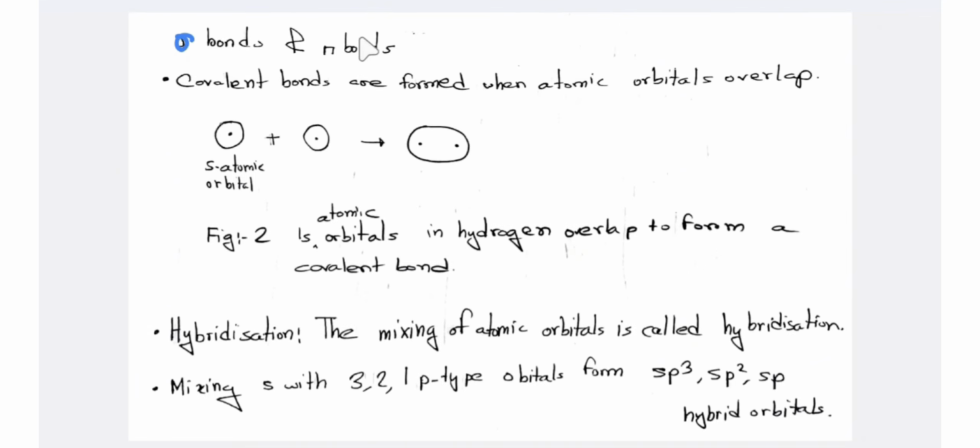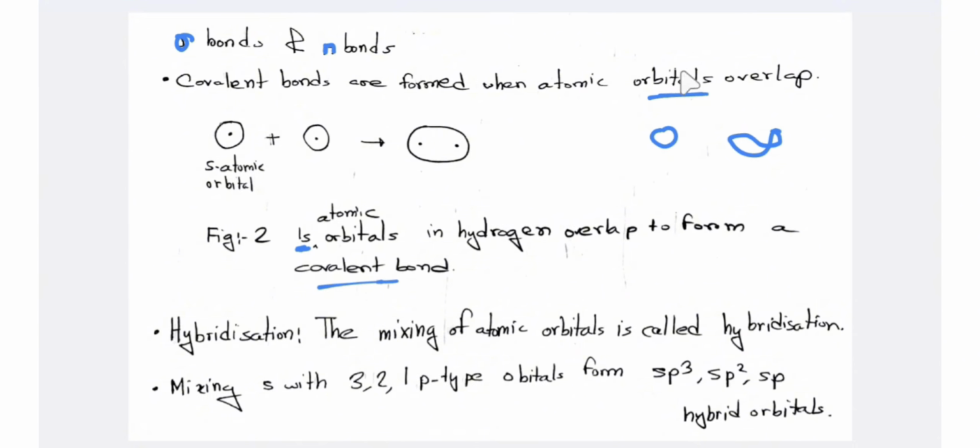Now sigma bond and pi bond. Covalent bonds can be formed when atomic orbitals overlap. First of all, we know that an s orbital is a circle while a p orbital has this structure. So two s orbitals overlap to form this structure, and the 1s atomic orbitals in hydrogen overlap to form the covalent bond.